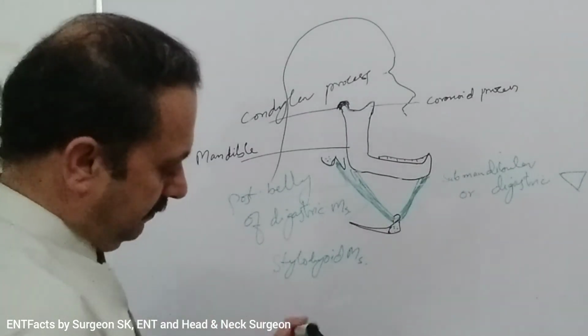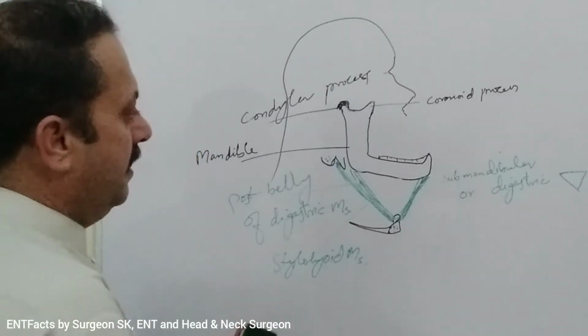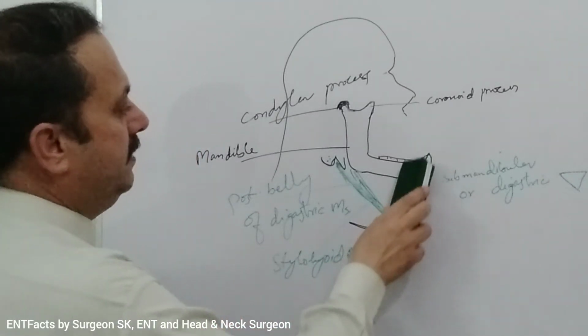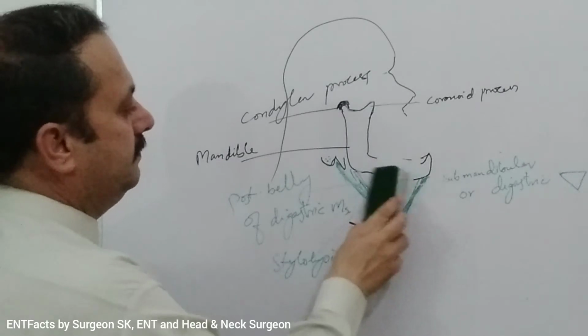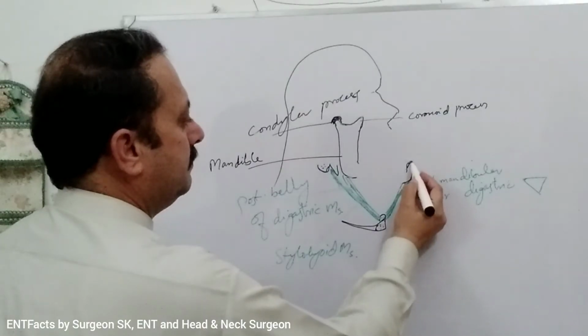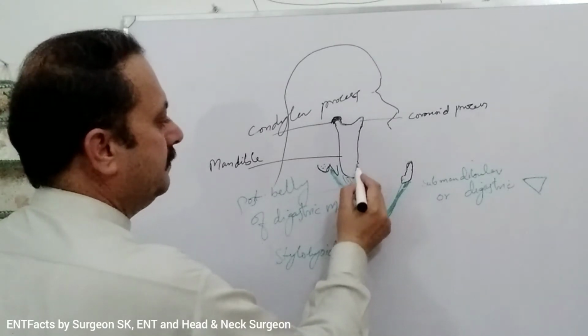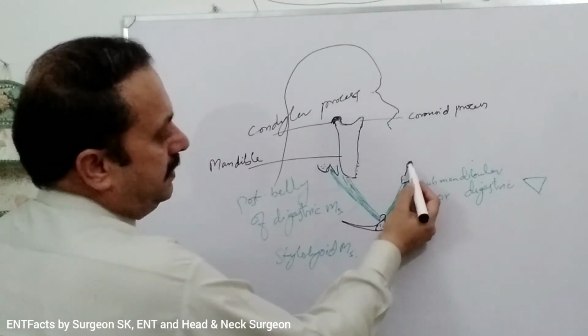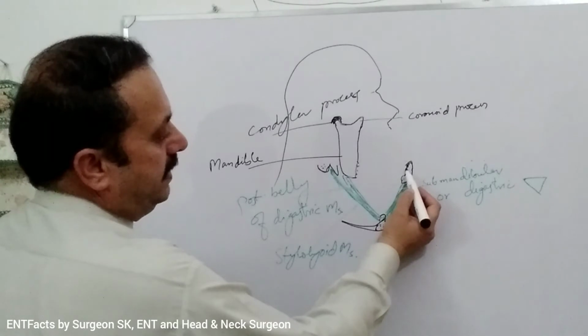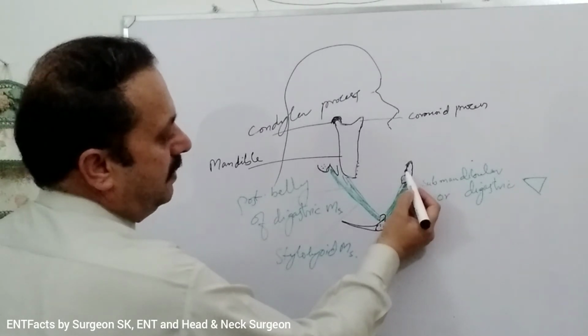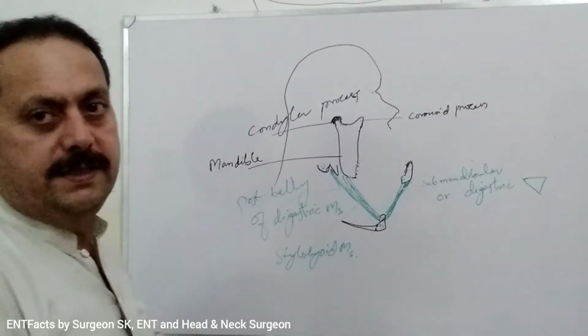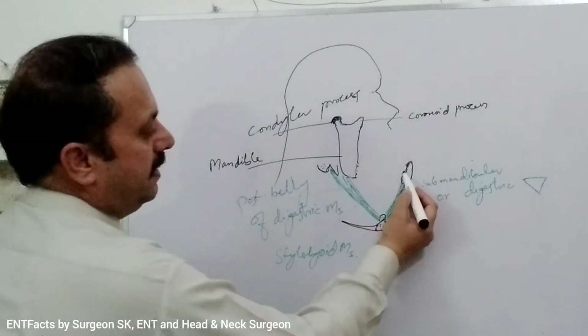From here, if I cut this mandible here like this, on the inner surface of this area of the mandible, there is a small projection that is called the genial tubercle.